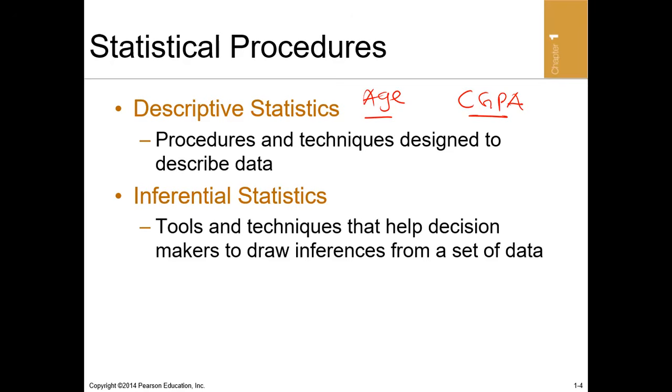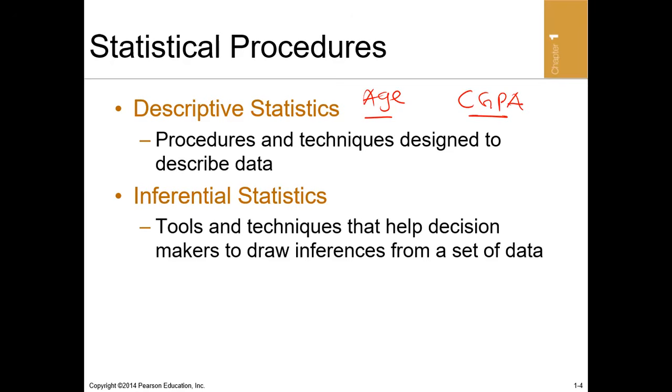So in my series of videos, I'll teach descriptive statistics in detail. Now, when it comes to inferential statistics, it goes beyond the obvious aspect of data. For instance, if I want to see how age affects GPA, or if I want to see the correlation between age and CGPA, I am going beyond what is obvious from the data to make inferences, okay?